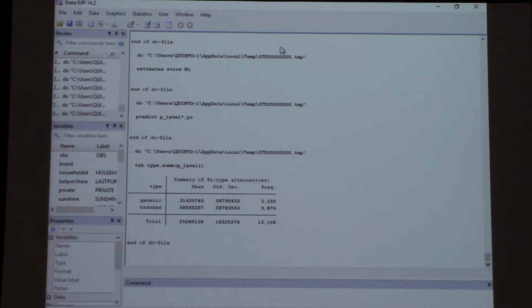And these are really nothing more than the relative frequencies. But what we can do is start doing this. So 31% chose generic, and 69% chose branded. Those are our top level probabilities.